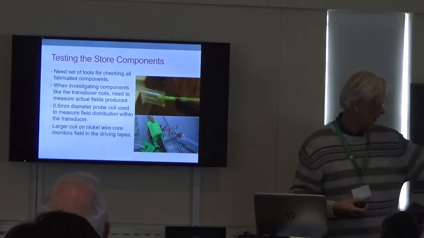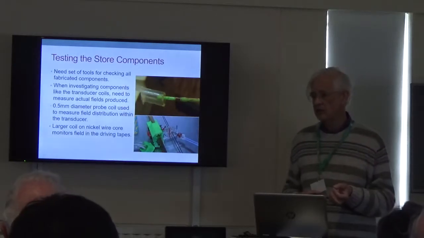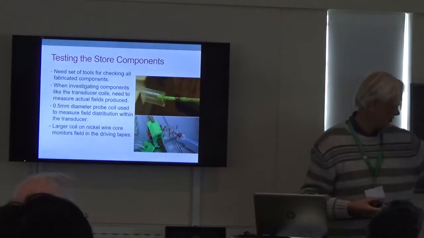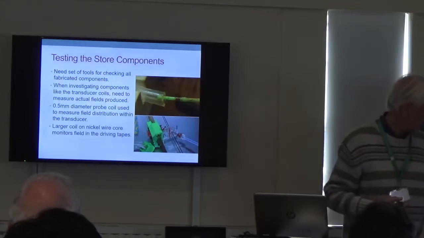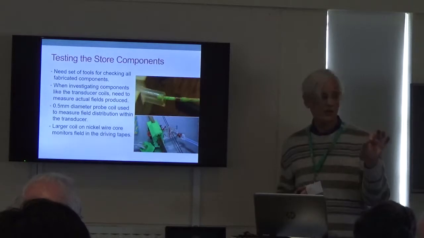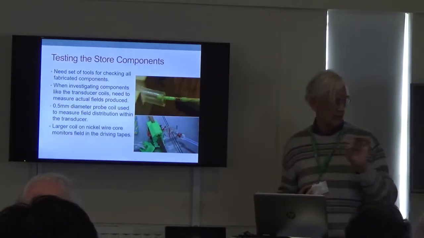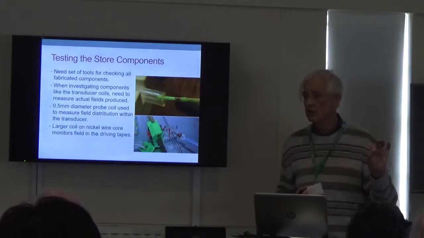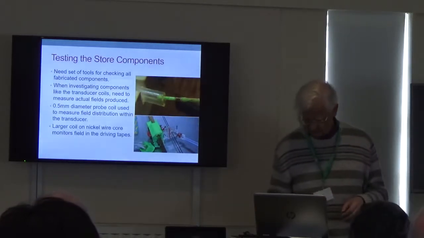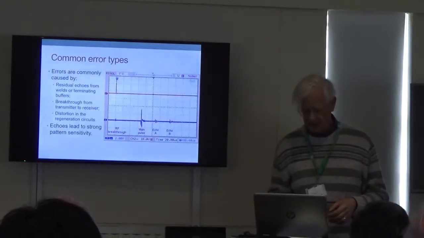Similarly, you want to know that things are going okay when you feed the nickel tapes in and start trying to use them. So this is another probe, this time on a nickel core, so that you can touch that on the tapes and complete a magnetic circuit and pick up a reading of what the field in the tapes is. Useful debugging things. But you need tools at every level.